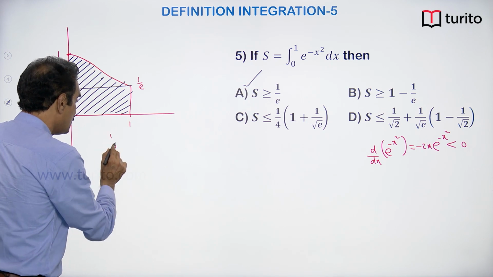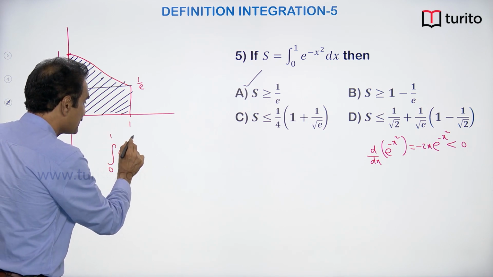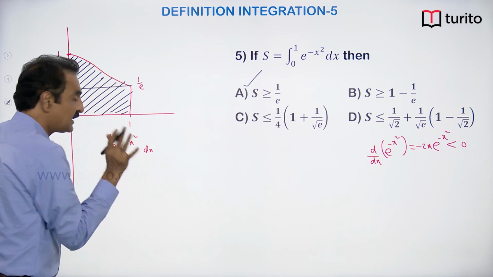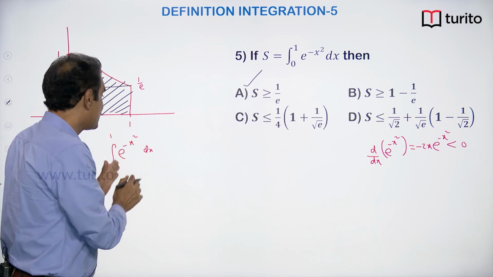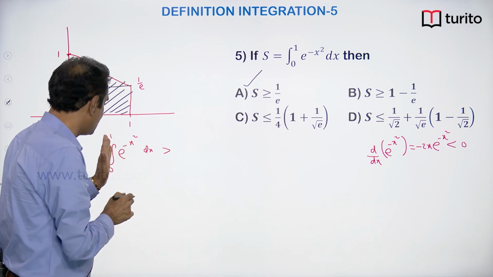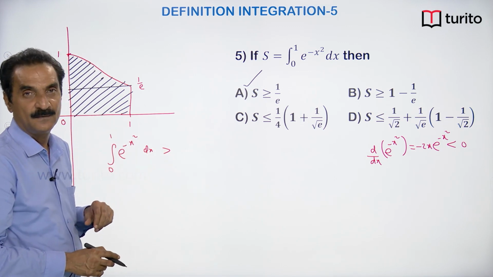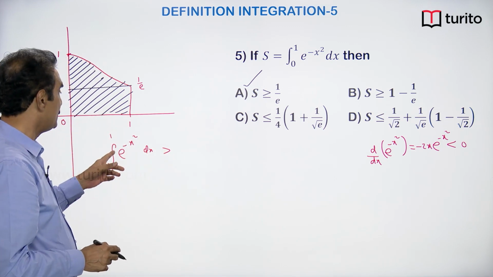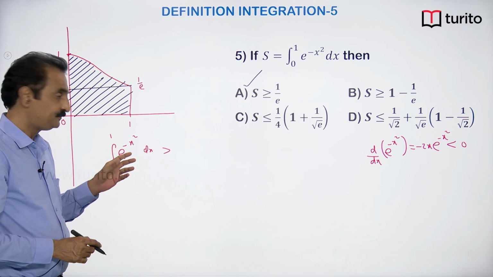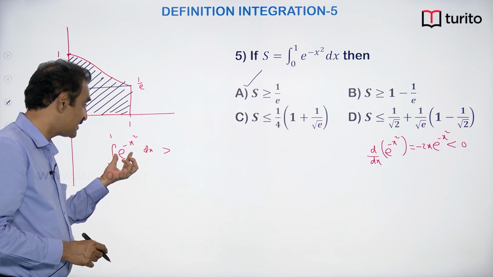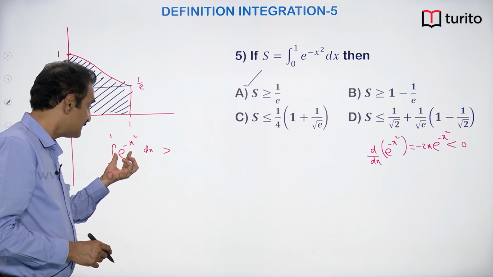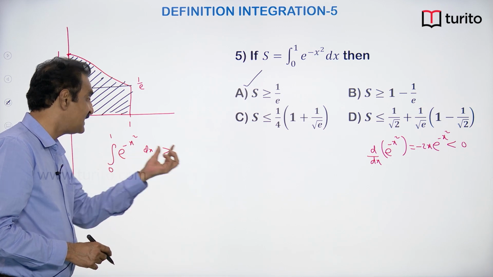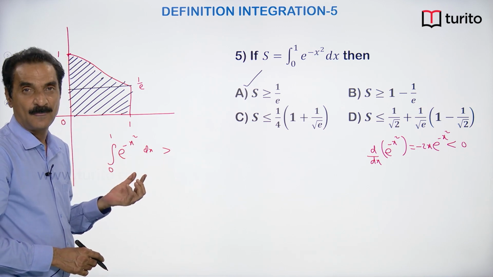Integral 0 to 1 e power minus x square dx, we cannot evaluate, but we want to estimate it as greater than something. Then, as we have discussed, we will write a function which is smaller than this and integrable.